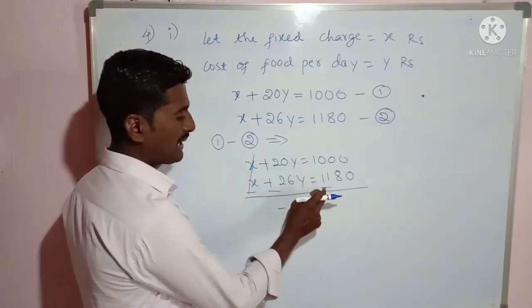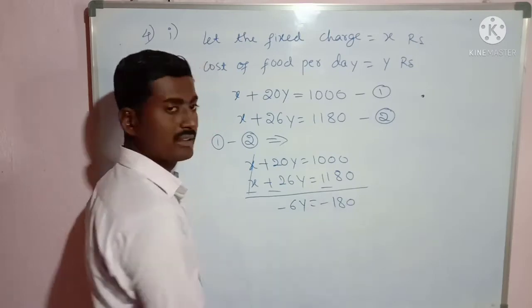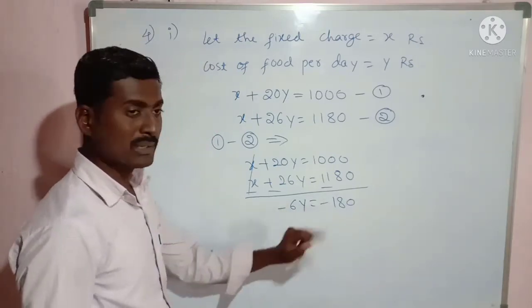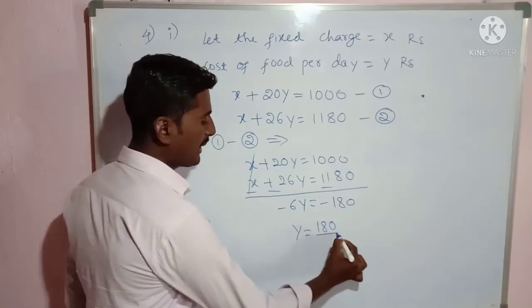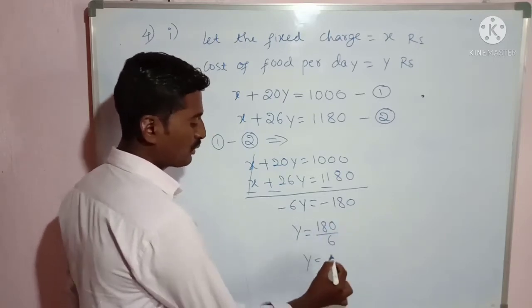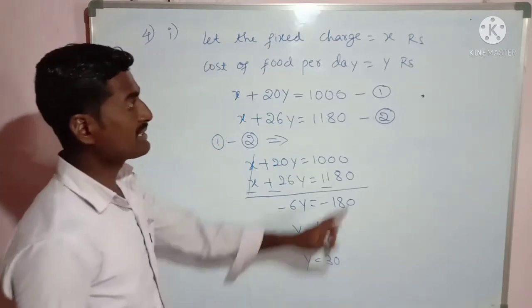Now 1000 minus 1180, that is minus 180. Now minus minus will get cancelled. y is equal to how much? 180 divided by 6. So 6 threes are 18, so that is 30.